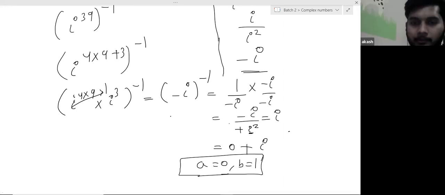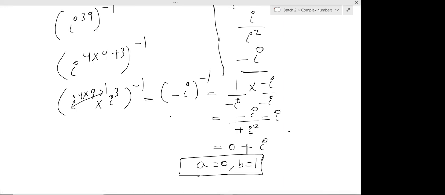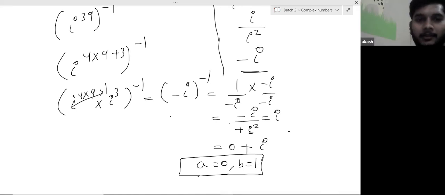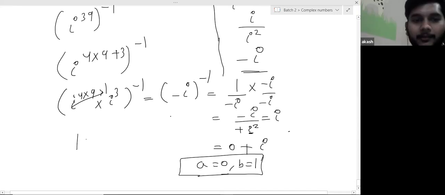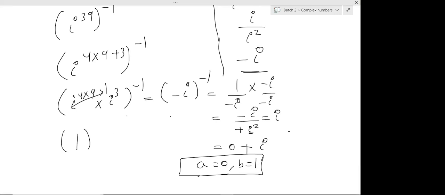Okay, Akash, you got 9. How? Is it 3 or 9? I didn't take 3 as the remainder. I just wrote 4 into 9 and then I raised to 4. Yeah. So 4 into 9 also becomes 1, right? You shouldn't get 9.